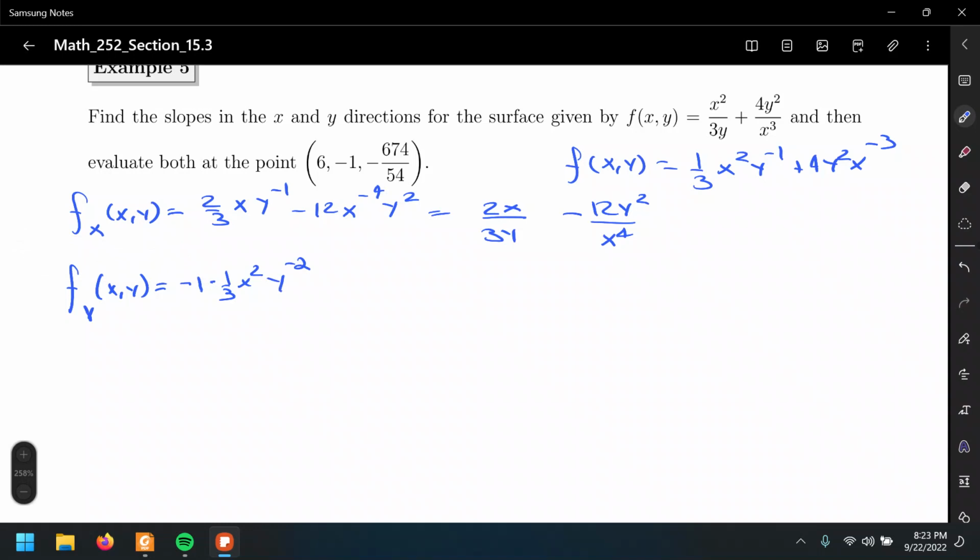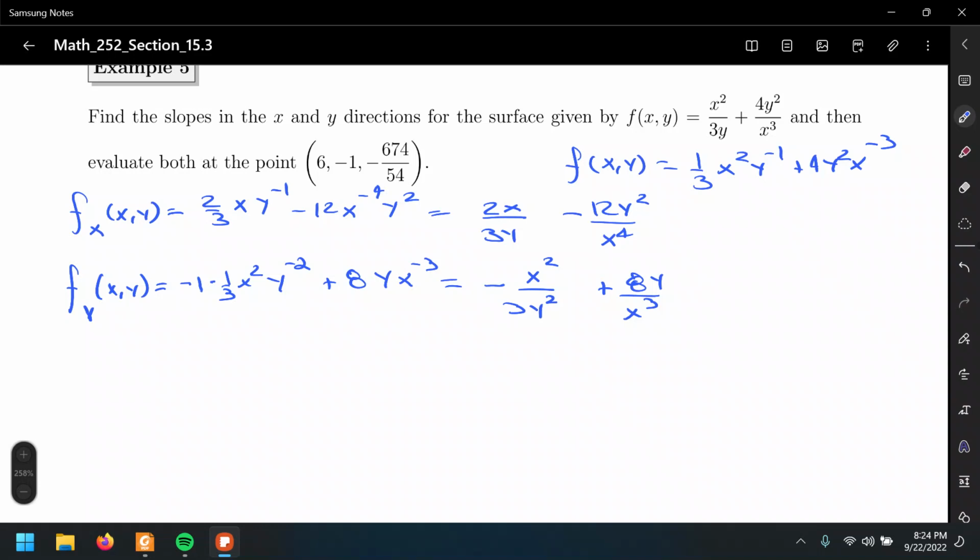And the partial derivative with respect to y for the second term, that's y squared, so that's going to be 2 times 4, which is 8, 8y x to the negative 3. This means, let's write it down in a nicer form with positive exponents. So that's going to be negative x squared over 3y squared plus 8y over x cubed.